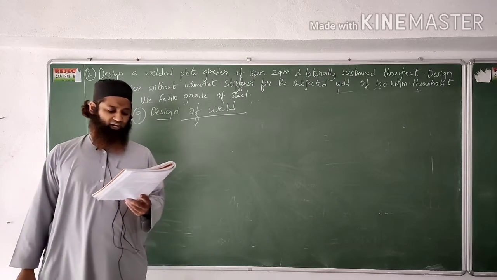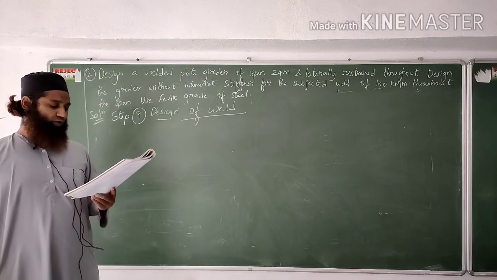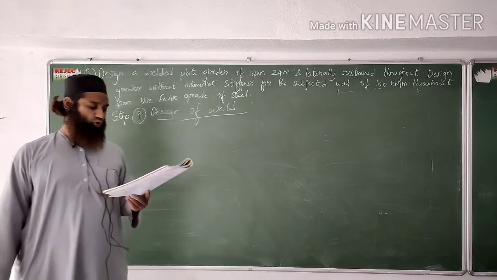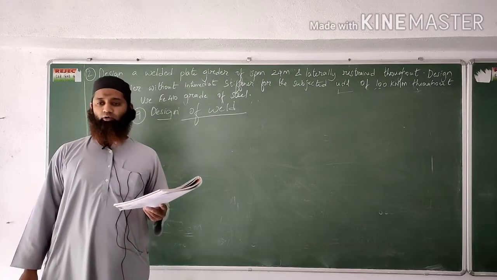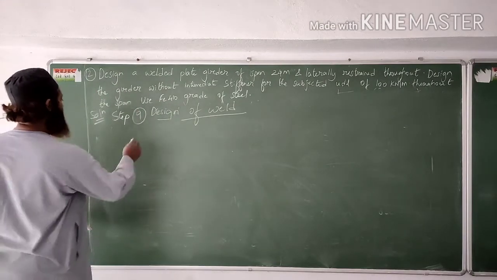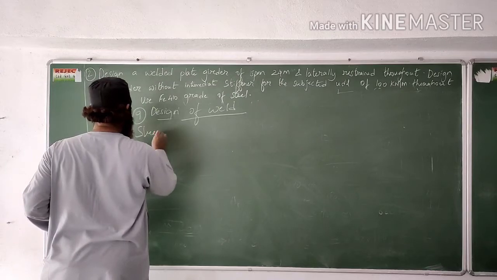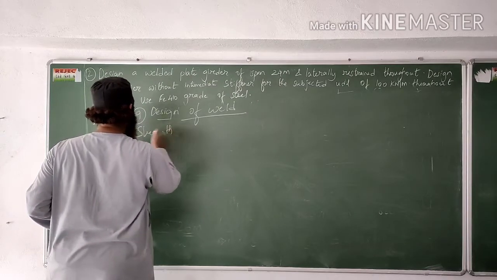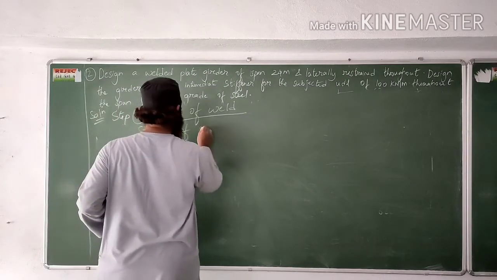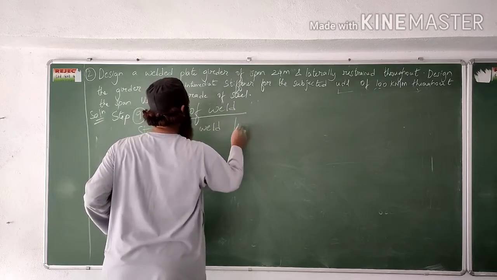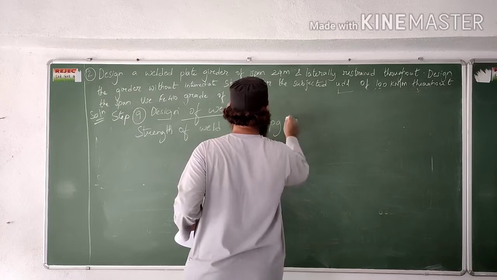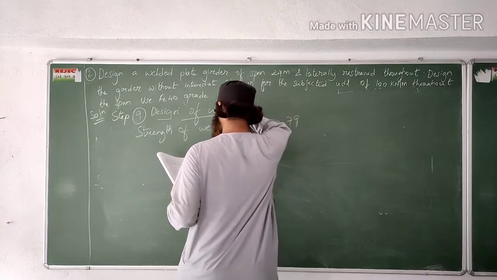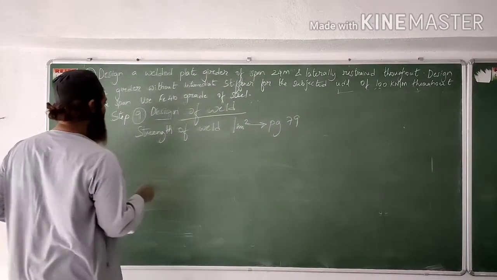Design strength of fillet weld, FWD, shall be based on throat area, that is FWD is equal to FWN by gamma MW. Strength of weld per mm square. This is given in page 79.